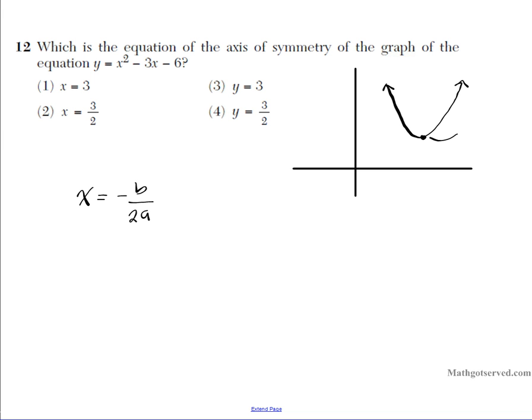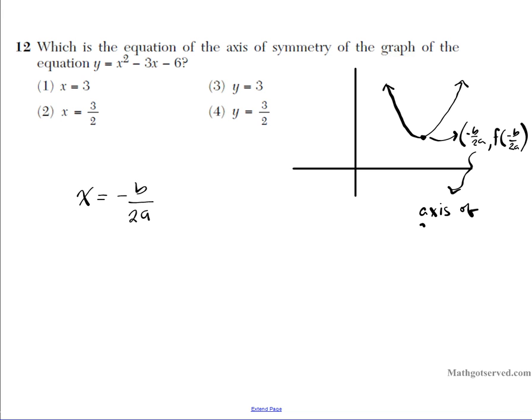So that's always the coordinate of your vertex. The vertex contains two values. Depending on your orientation, it could be your max or the min. In this case, it's a min. If it's downward facing, it would be a max, and that's the y component. So the x component tells you the axis of symmetry.